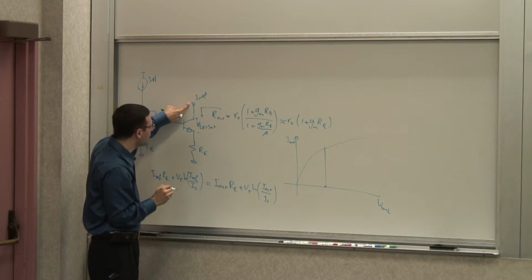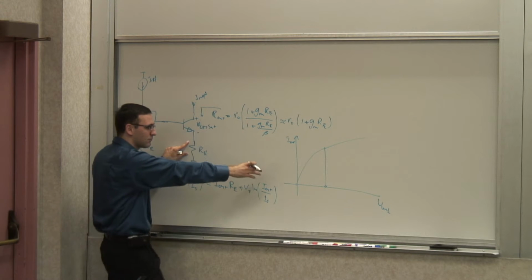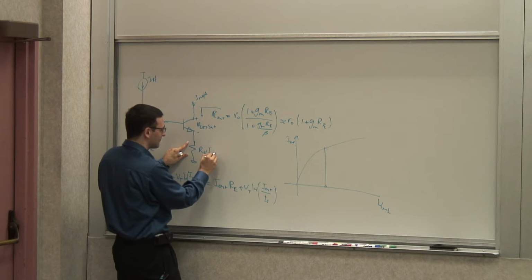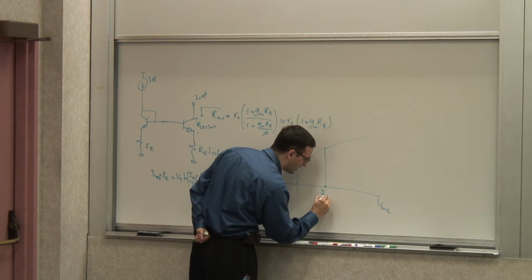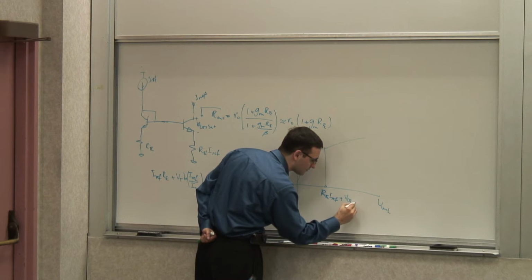But now, the output voltage is that voltage plus the voltage drop across this guy. So I've actually increased that minimum voltage by RE times IREF plus VCE sat.